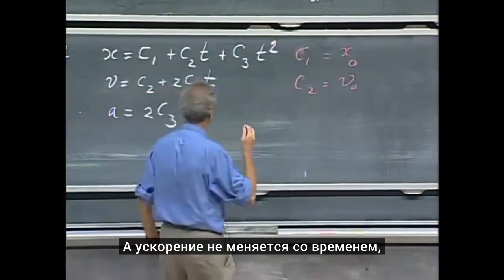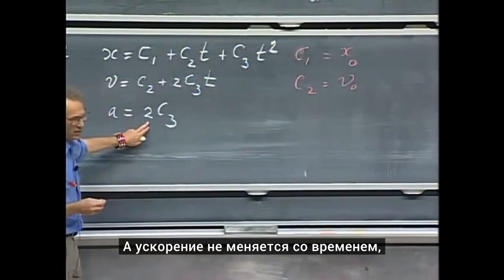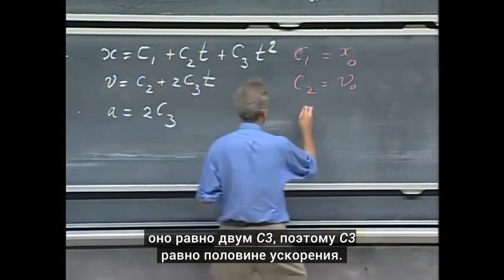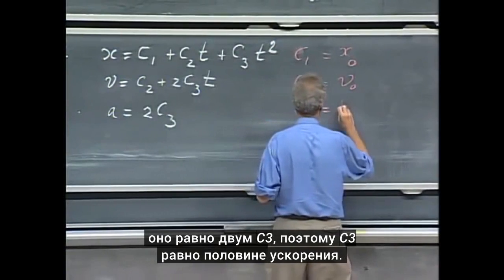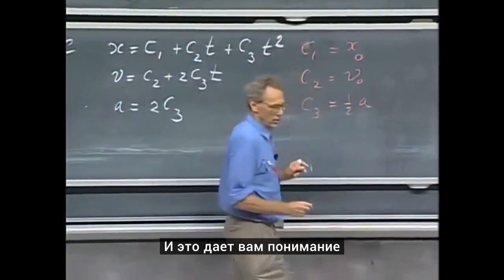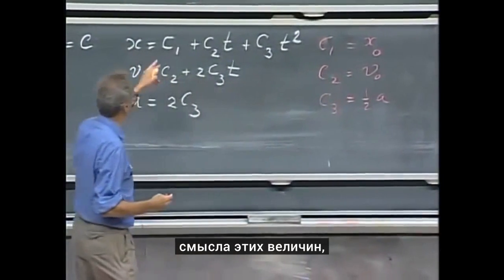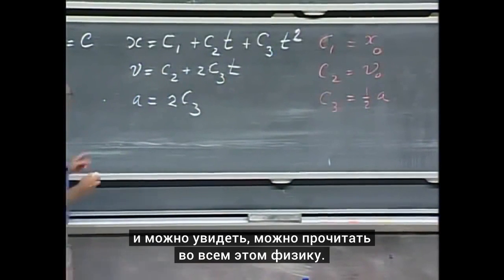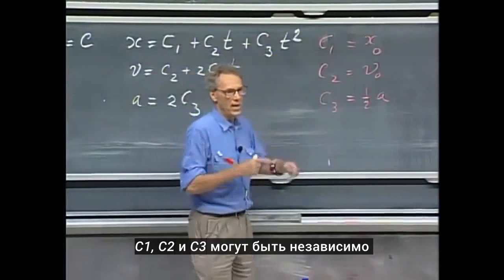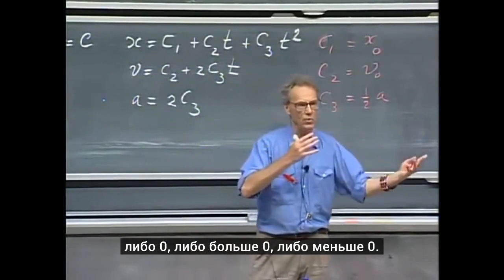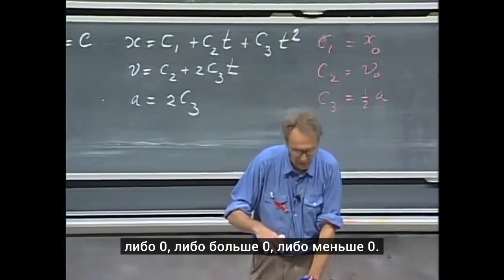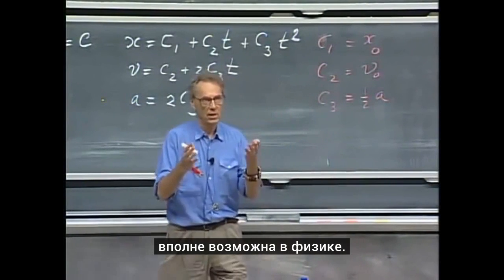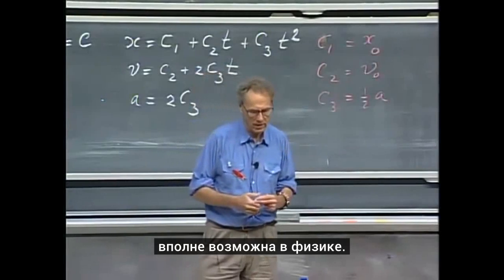And the acceleration is not changing with time, it is 2c3, therefore c3 is half the acceleration. So this gives you some insight in the meaning of these quantities, and you can read some physics in there. c1, c2, and c3 can independently be either 0, or larger than 0, or negative. Makes no difference. Each one of these combinations is a valid possibility in physics.